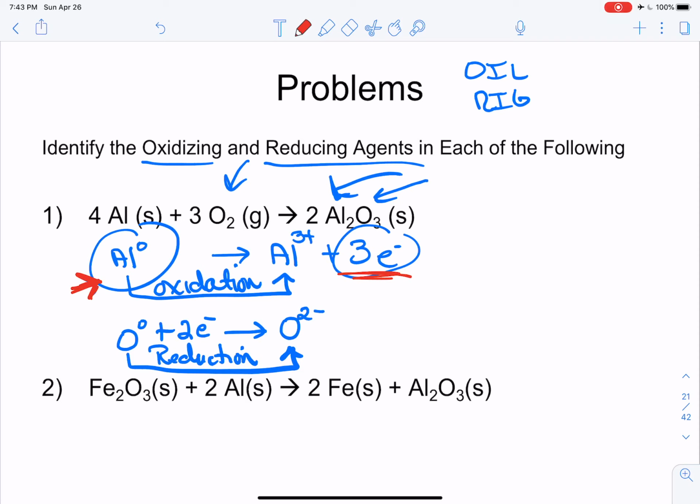So the aluminum itself is oxidized, but because it's giving away electrons, it's causing somebody else to be reduced. So aluminum is the reducing agent. And that means that oxygen is the what? The oxidizing agent.